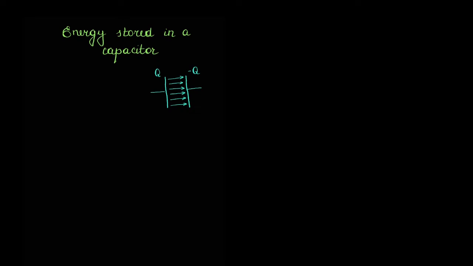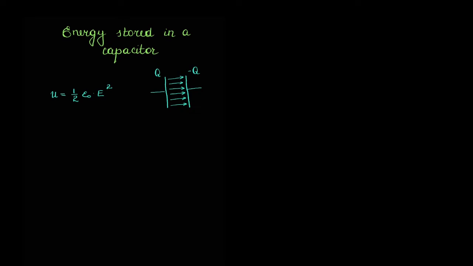This energy is stored in the electric field between the plates. The energy density u of the electric field is given by 1 over 2 epsilon 0 multiplied by E squared, the electric field squared.